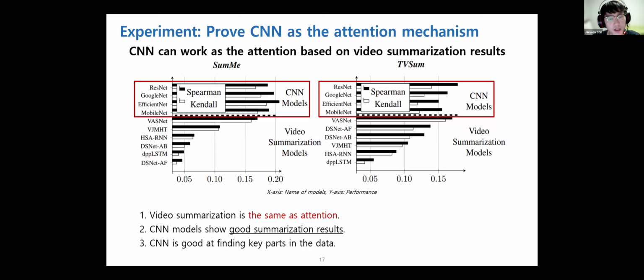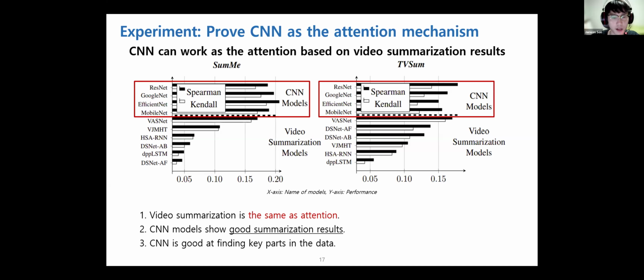For the SumMe dataset, CNN models like ResNet, GoogleNet, EfficientNet, and MobileNet achieve better performance than the previous video summarization models. And similarly, for the TVSum dataset, CNN models continue to show better performance, while VASNet outperforms some CNN models, but most of the CNN models still demonstrate significant performance.